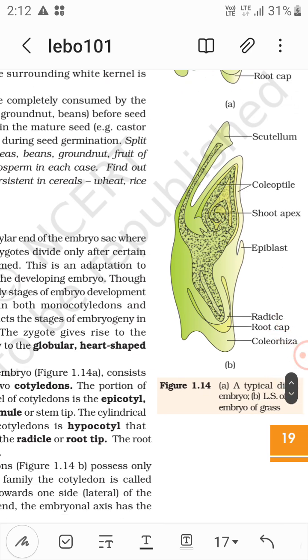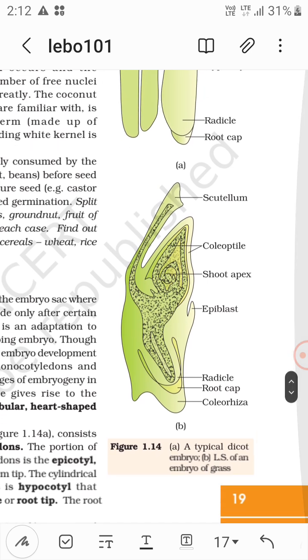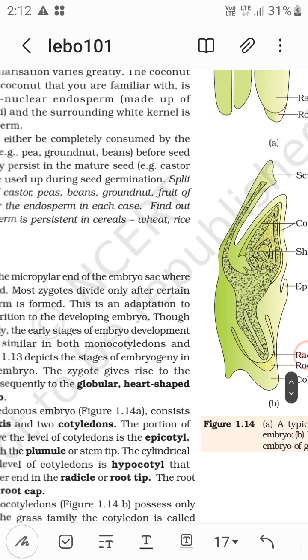The first one was the typical dicot embryo. Now the second, you can see the scutellum, the one-sided cotyledon, then the coleoptile, then the shoot apex, then the epiblast, then the radicle, then the root cap, and then the coleorhiza. The coleorhiza and coleoptile are the undifferentiated sheaths, right? So this is it.